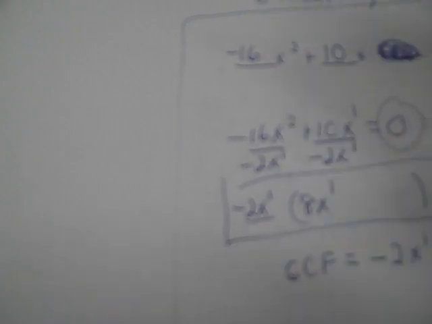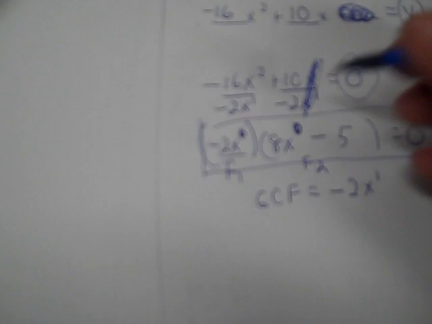Negative 16 divided by negative 2, that's positive 8. And then on x, 2 minus 1 is 1. And by the way, we always cross those off. Positive 10 divided by negative 2 is negative 5. So I put 5 with a minus. So that's F1, that's F2. We take out the 1 powers.